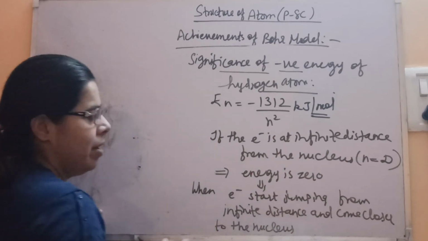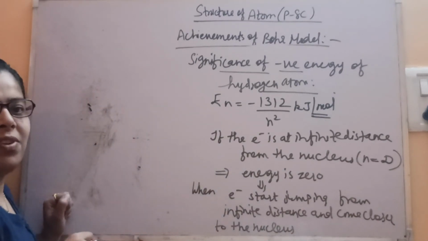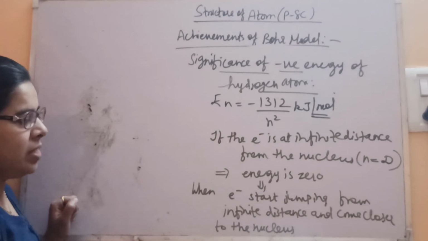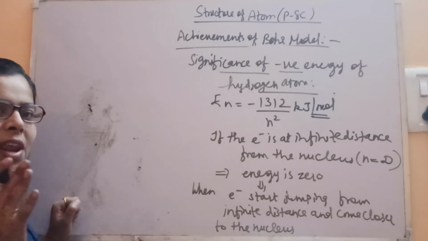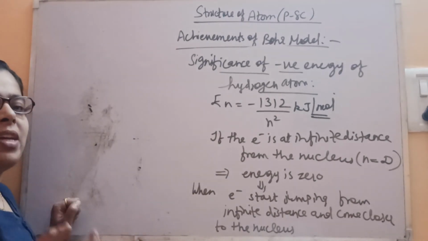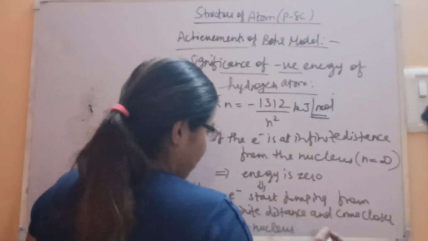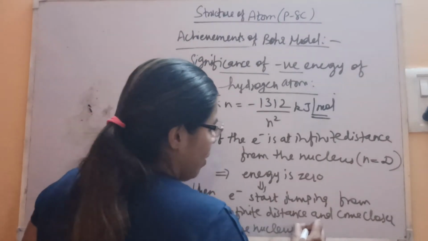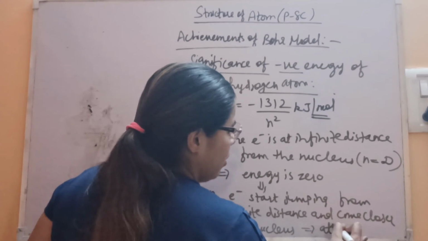then what will happen? We know that there is attraction between the nucleus and the electron, because the nucleus is positively charged and electrons are negatively charged. So attraction will take place as it keeps on coming closer to the nucleus.